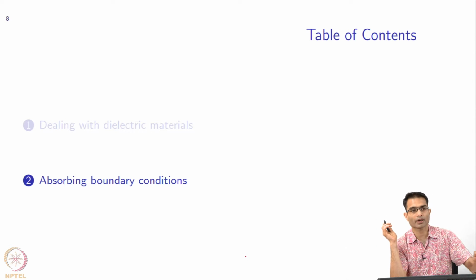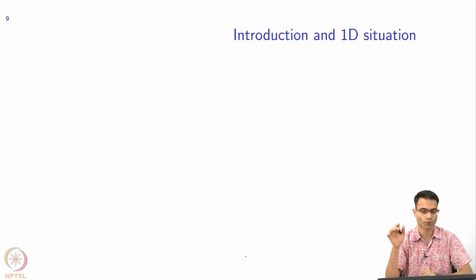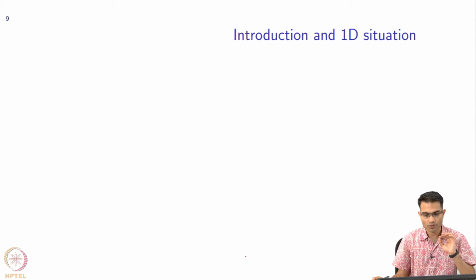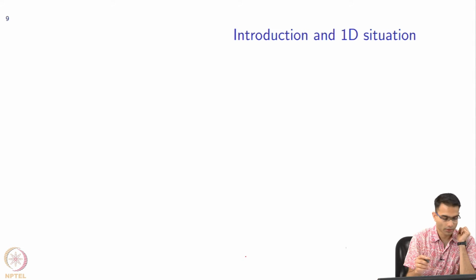These absorbing boundary conditions are the same as what we studied in the case of FEM, okay. But now we have to put it in the language of FDTD, okay. So, a little bit of this will be more like revision for those of you who have seen the FEM module, okay. So, absorbing boundary conditions in general, okay.